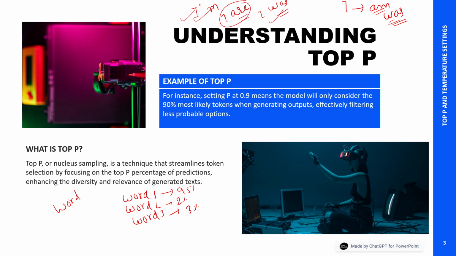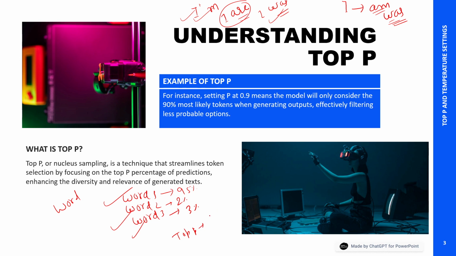And if you want the output you are generating to have more specific answers, and you don't want less probable words or less probable content, which is available throughout the internet and using which the model was trained, in that case you will set your top p to lower values, right?